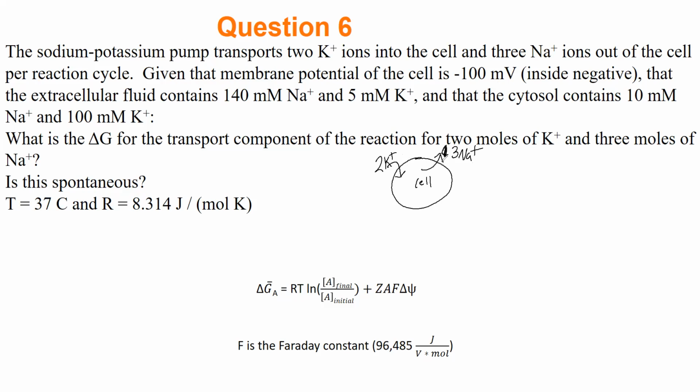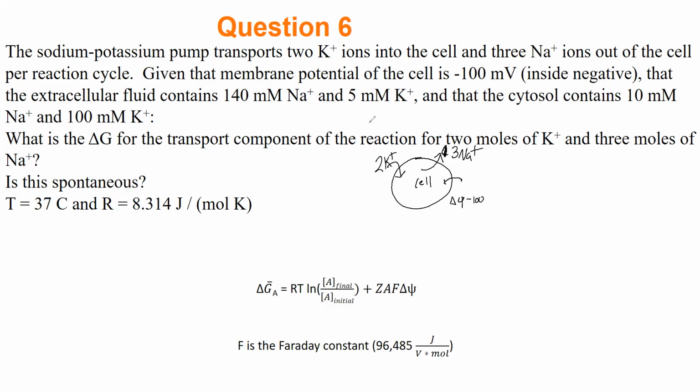Now, the membrane potential of the cell is minus 100 millivolts, inside negative. What that means is that from going outside to inside, the difference is negative 100.